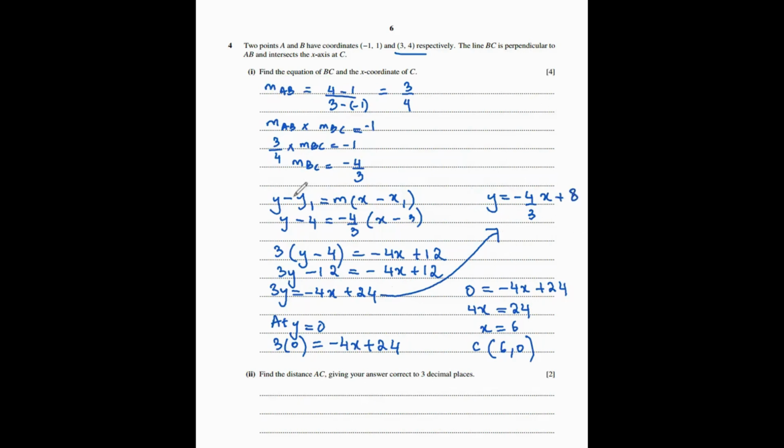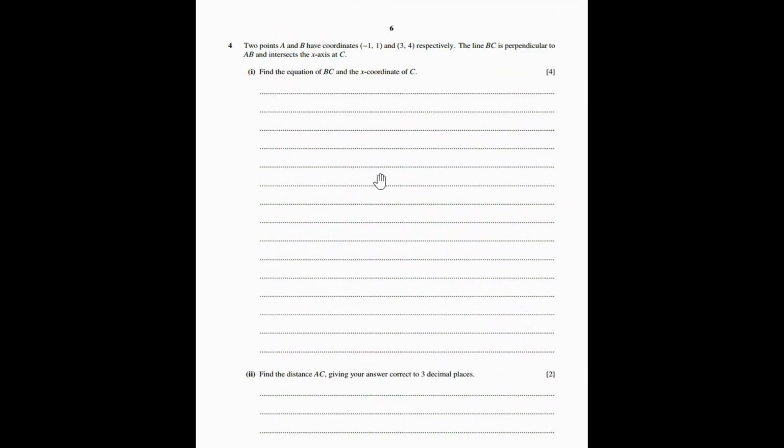That is your answer. Then it says find the distance AC, giving your answer correct to 3 decimal places. Coordinates of A are -1 and 1. C was 6, 0. So for the distance of AC, we use the formula root of y2 minus y1 whole square plus x2 minus x1 whole square.